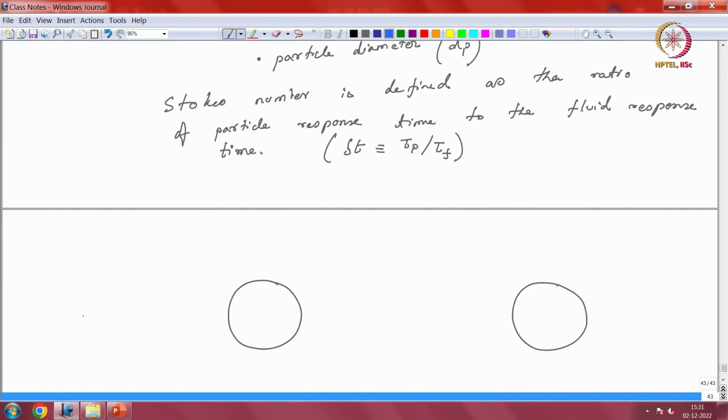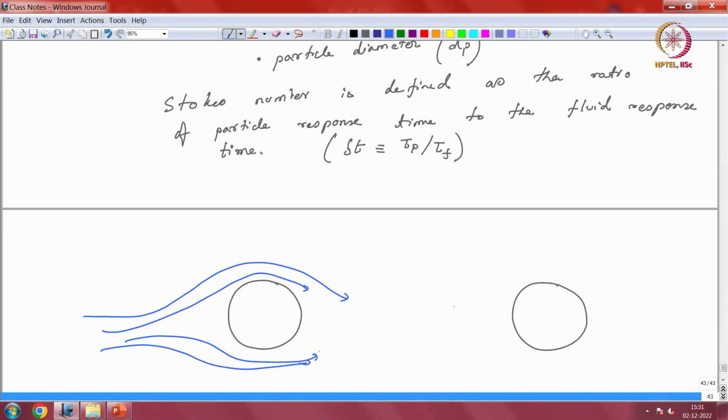So, let us say you have flow around some cylinder, and these are some of the streamlines associated with it. Okay. So, on both sides here is the same. Actually, let me just copy this, that is going to just make it easier.